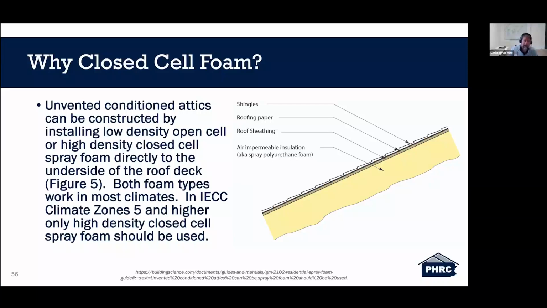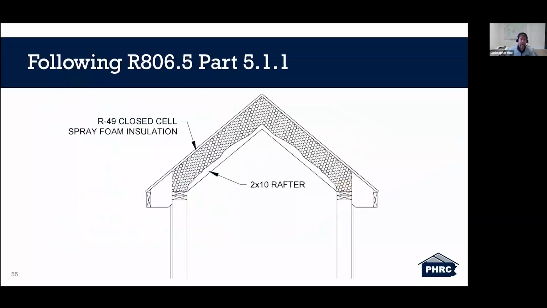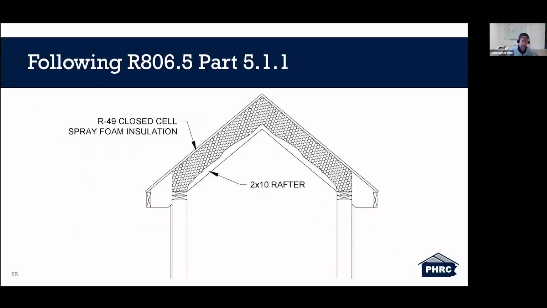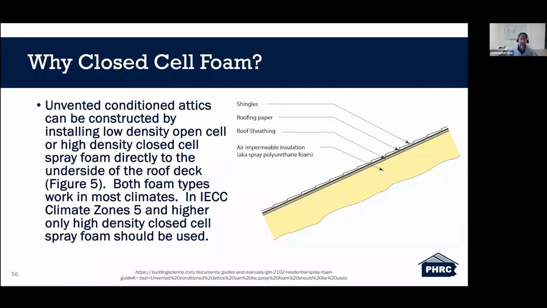However, in IECC climate zones 5 and higher, only high density closed cell spray foam shall be used. Now that runs concurrent with what we just read out of the IRC, right? That runs concurrent with what's here in number 4, climate zones 5 and 6, air impermeable insulation shall be class 2 vapor retarder, and so on and so forth. Because open cell spray foam is not a class 2 vapor retarder.